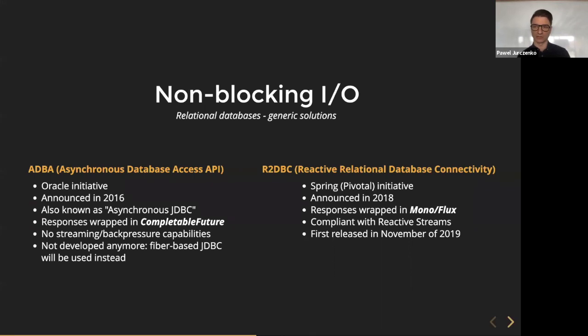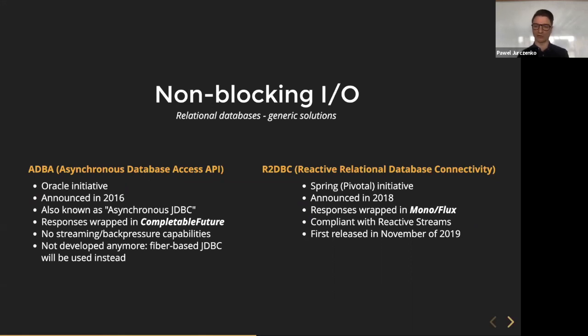The second solution here is the one that was initiated by Pivotal, which is the company behind Spring. The API is based on Project Reactor, which means that we will have Mono and Flux in the API, and the design and the API of the library will be compliant with the Reactive Streams Protocol, which means that we Scala developers don't have to use Project Reactor in our code base.